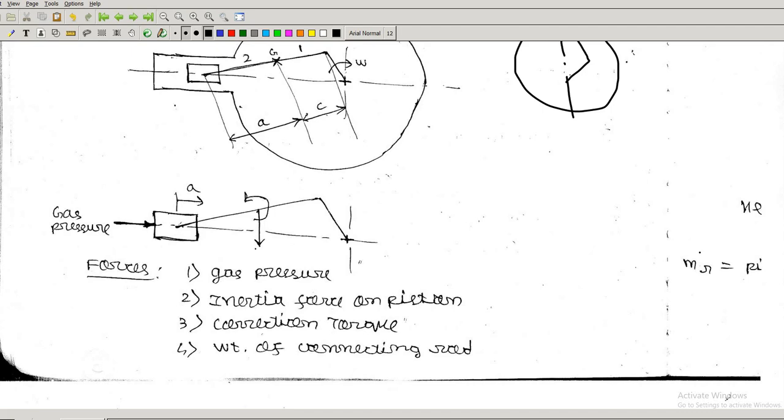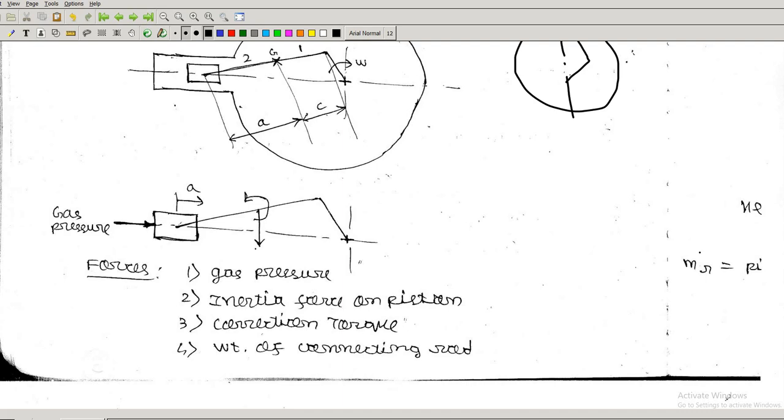Though the exact distribution is MC by L and MA by L, as an approximation one third of the total mass of the connecting rod is placed at the piston end or small end, and two thirds of the mass is placed at the crank tip. Due to that the correction torque is coming.